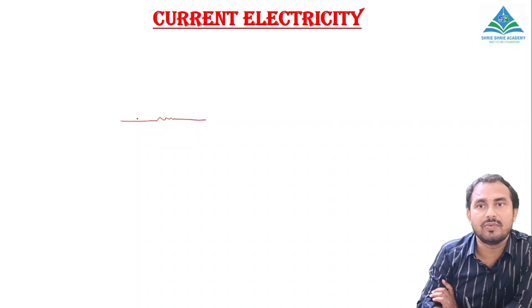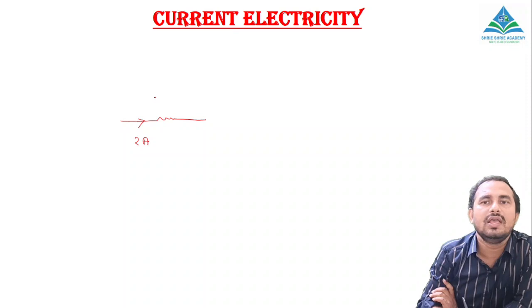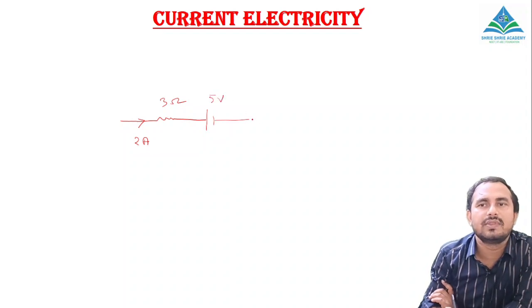Numerically it will not be exact, but conceptually it is exact. Say 2 ampere current is there, this is a 3 ohm resistance, let's say this is a 5 volt battery. Let us say again here 1 ohm, internal resistance is not specified.